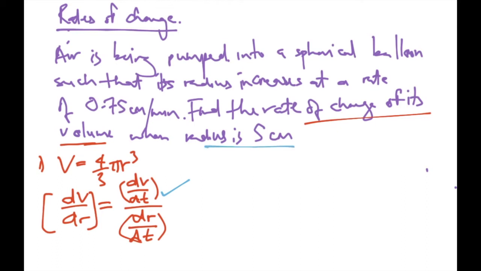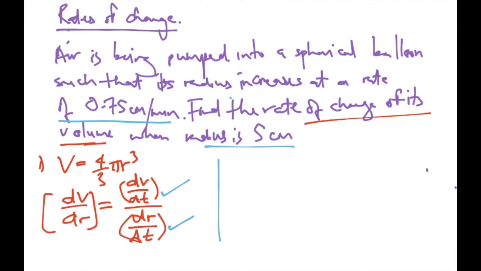The other information is 0.75 cm per minute: the radius increases at a rate of 0.75 cm per minute. So that is the change that happens in radius over time. That's given. So one piece of information is given, and dV over dr I can find. Let's do this separately.